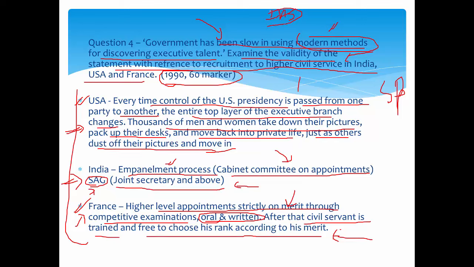If you read the ARC report, it has recommended that top posts should be given to all services, including A grade services of technical services, specialist, generalist, and private sector. Everyone should be involved and recruited. Half should be recruited through empanelment and some through open competition. So this is how you can answer this particular question.